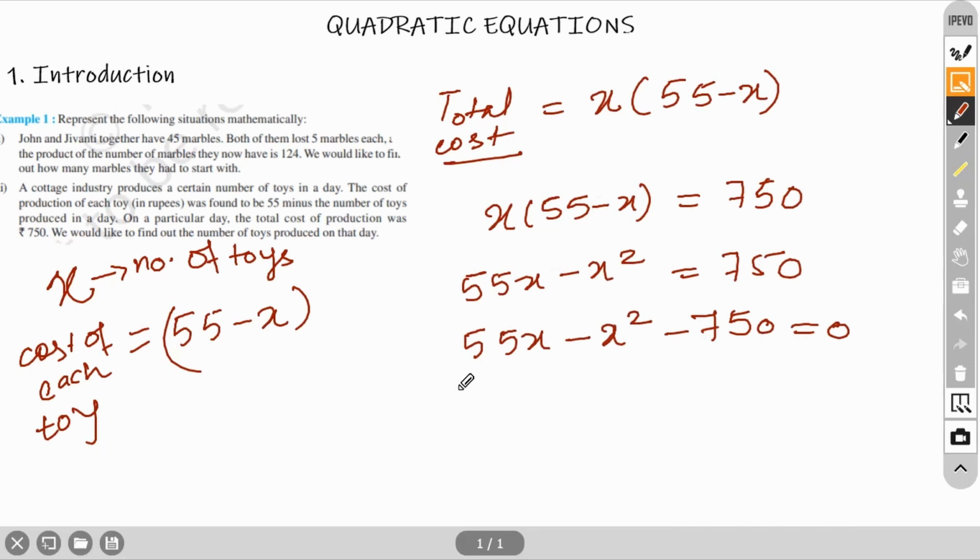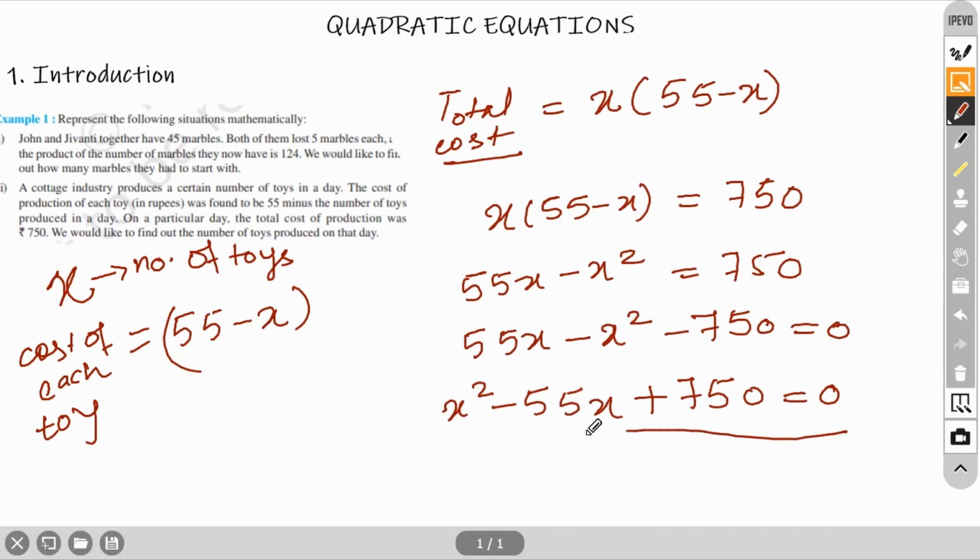Multiplying by minus 1 on both sides, x square minus 55x plus 750 equals 0. And this is the mathematical representation of the given problem. So any value of x that satisfies the equation will be the number of toys produced on that day.